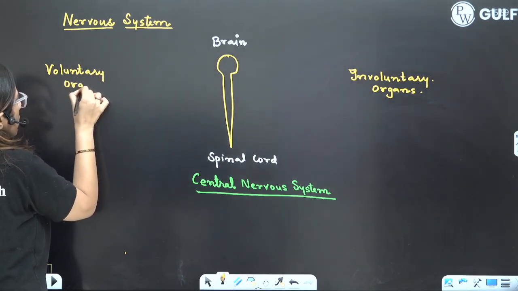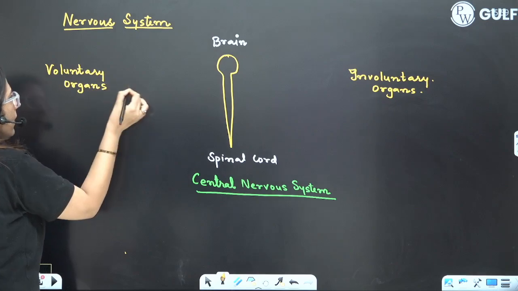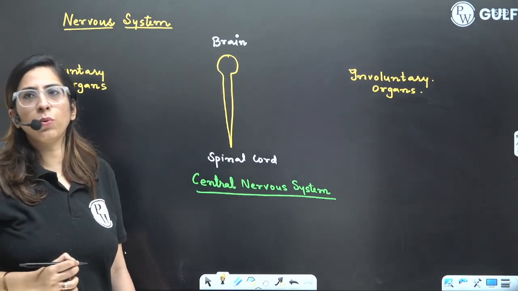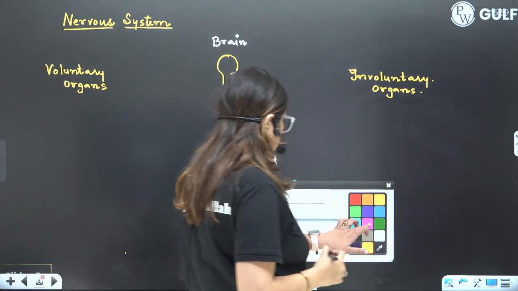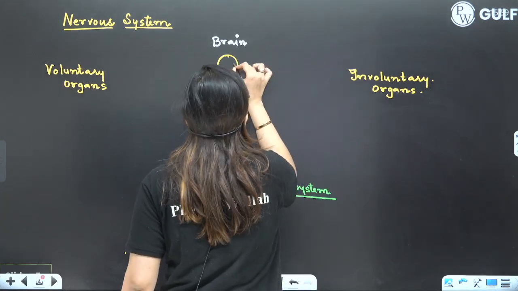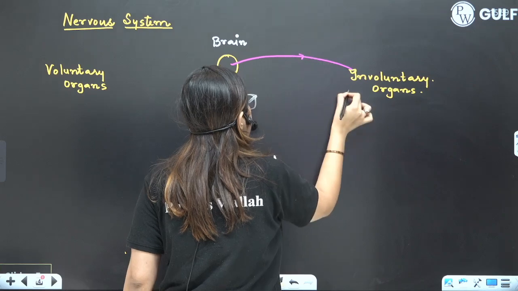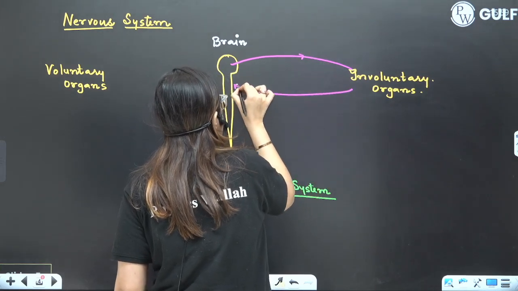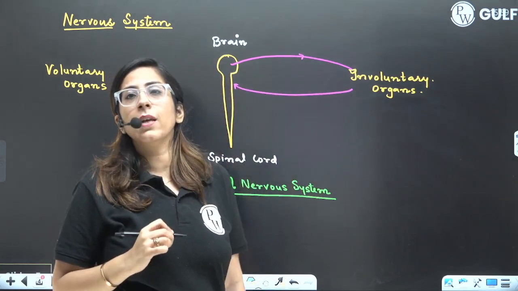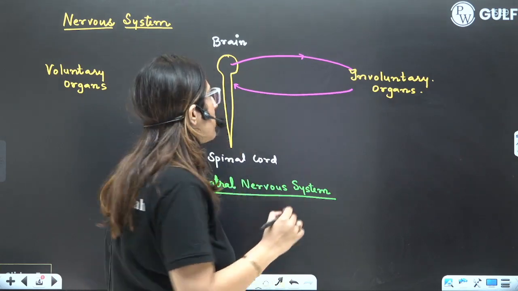They send signals in both directions. When they send the signal to the involuntary structures, this type of communication comes under the autonomous nervous system.